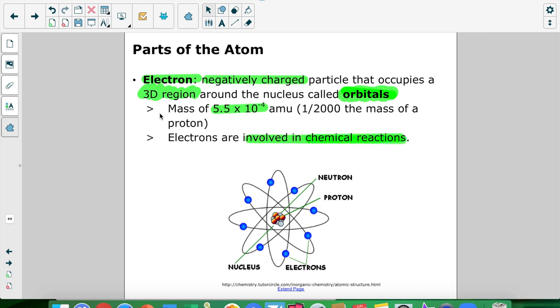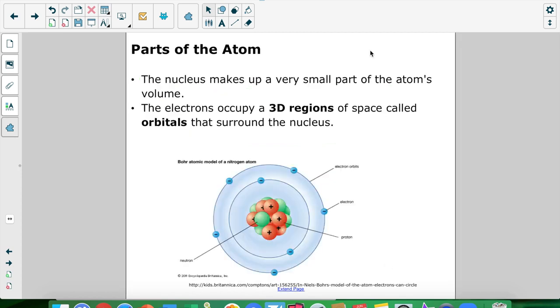Again, we have the protons and the neutrons in the nucleus, and the electrons around the nucleus in orbitals. In the atom, the nucleus makes a very small part of the space that it occupies. The size of the nucleus is very small in comparison with the size of the atom itself.